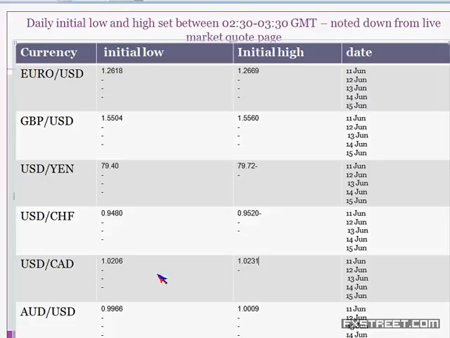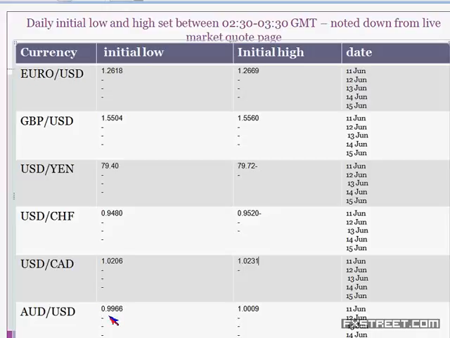So here again you come across USD Canadian dollar trading in a narrow range and currently holding closer to 1.0206, and it is showing only about 53 pips negative net change when compared to Australian dollar, which is showing about 64 pips positive net change.